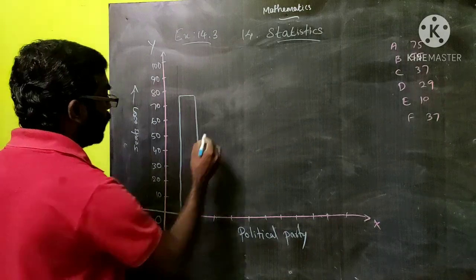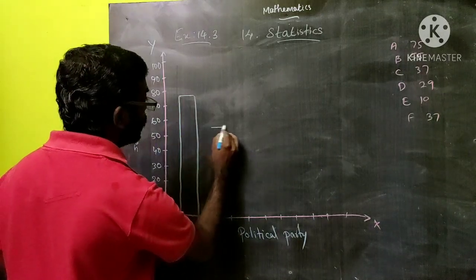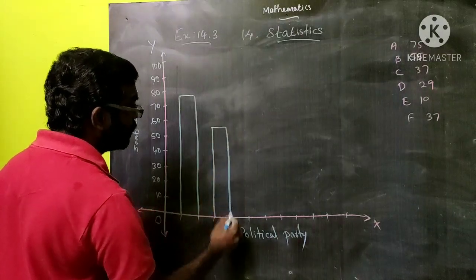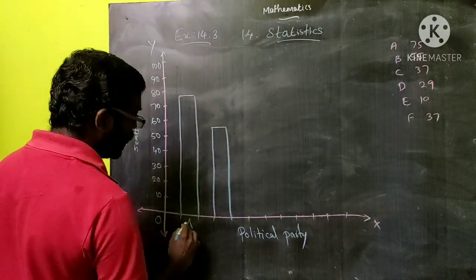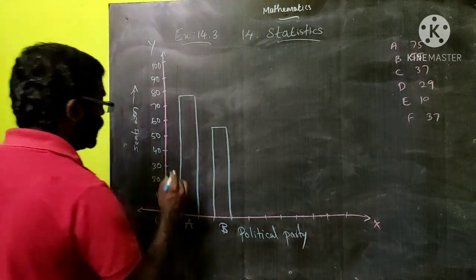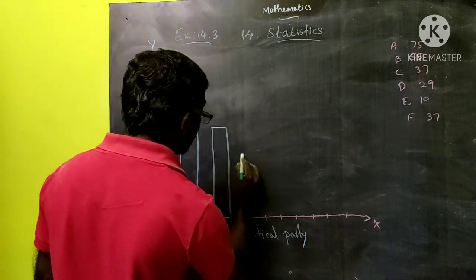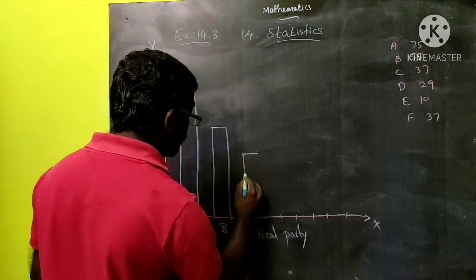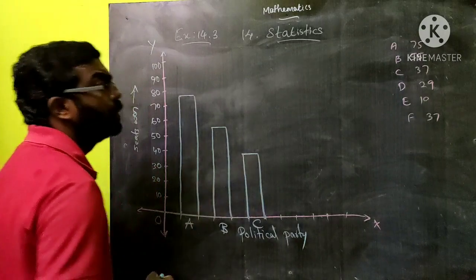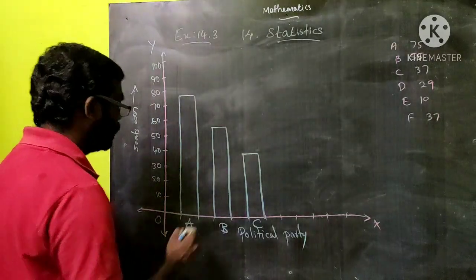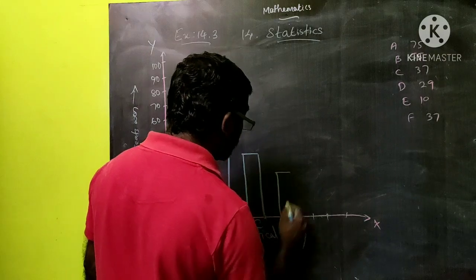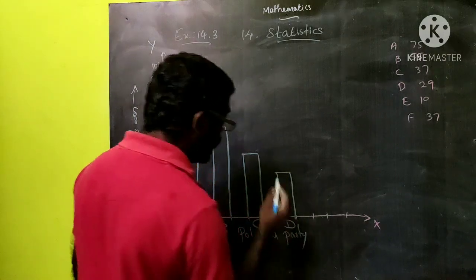B won 55. A, here B. Then C won 37. C. Then D 29.